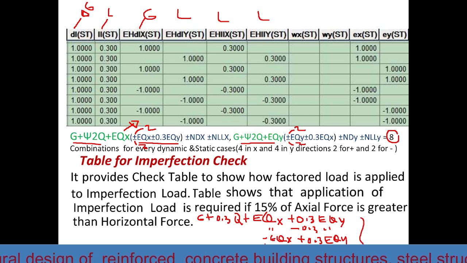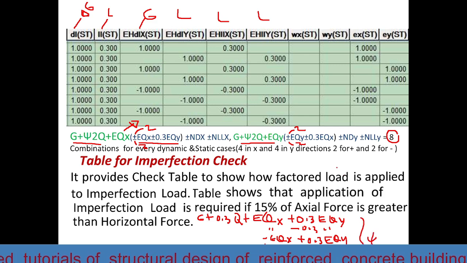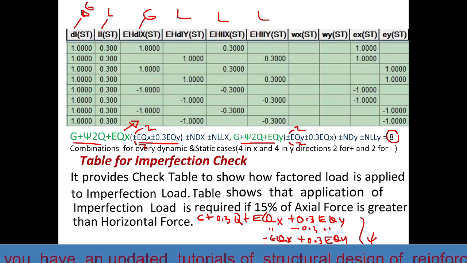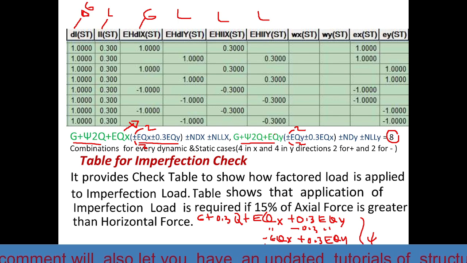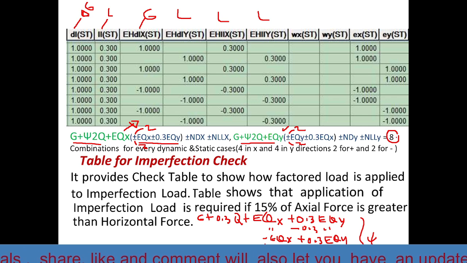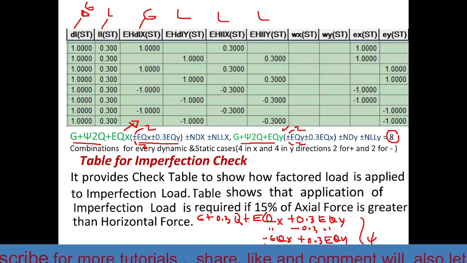How many combinations? Also 4 combinations. So in a similar way we can also generate 4 combinations along y direction. So 8 combinations will be generated.